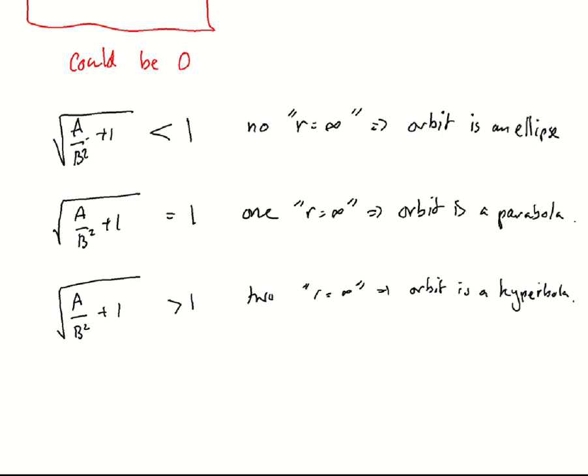That would be the situation for our planetary motion. So it all depends on the relationship. Remember, A is equal to the total energy in the system, and B is related to the potential energy in the system. And as a result, you have this wonderful interplay.